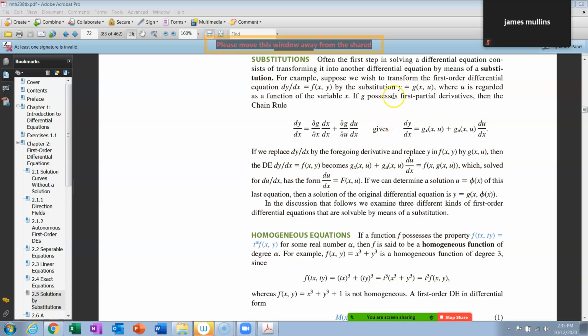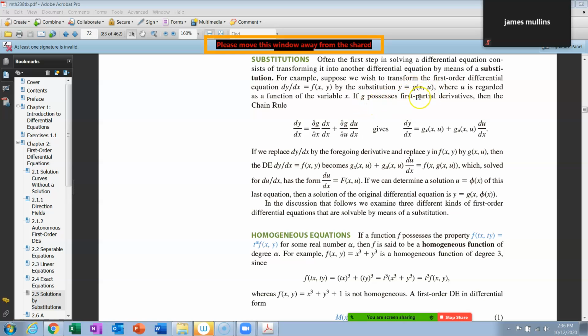Now, one of the substitutions typical to make is instead of y, you put in some g of x and u, introducing a new variable u, and this variable u is also regarded as a function of x. Okay, so it almost looks like y is supposed to be independent of x, but it makes it seem like you're doing something that now is dependent on x, but in a roundabout way. But let's ignore that for the moment.